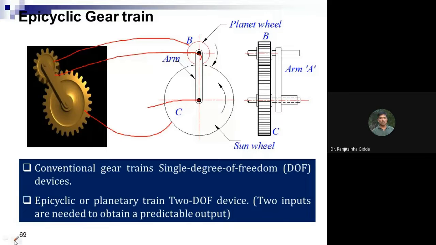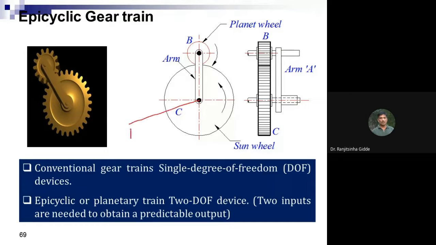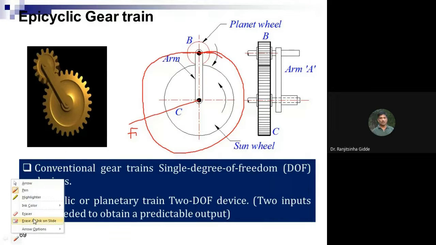So once again, this is the arm, this is the fixed axis, and this is the axis which is going to rotate about this fixed axis. So such motion is called epicyclic motion.